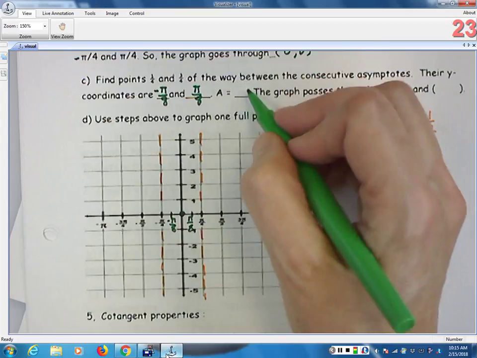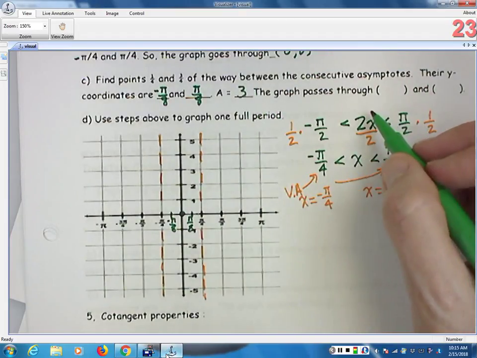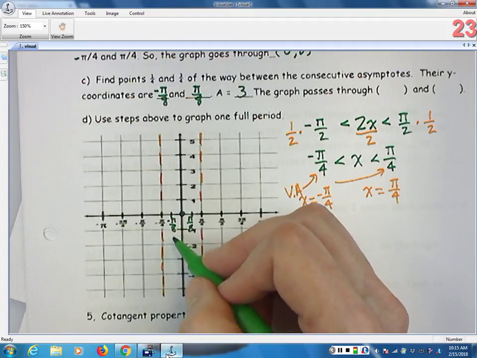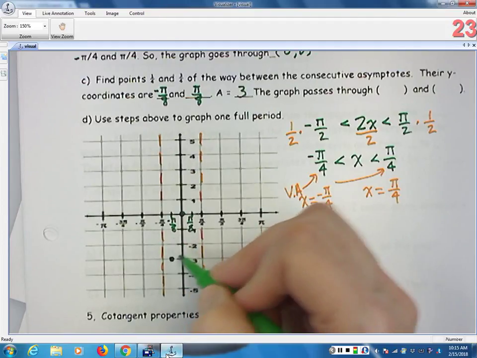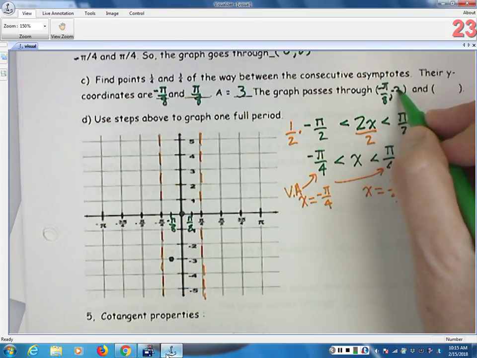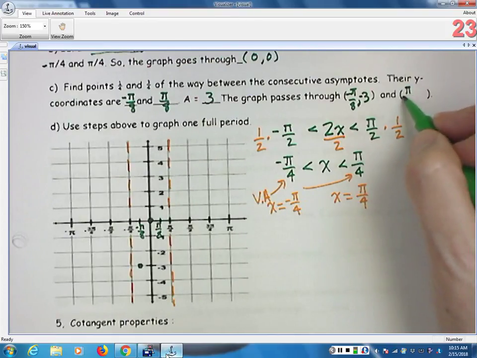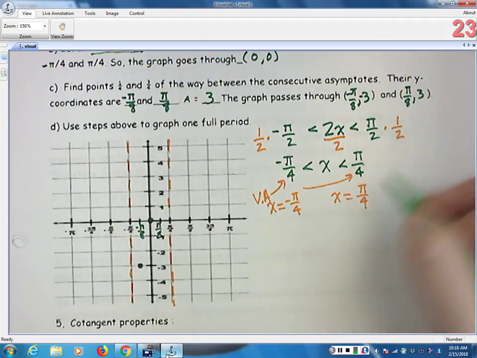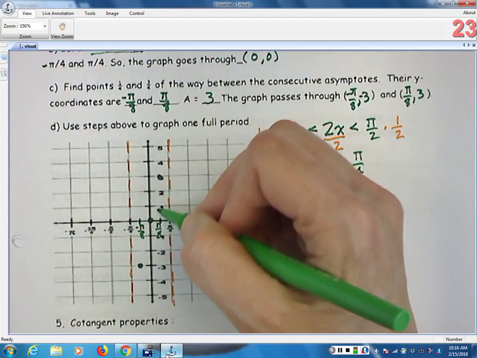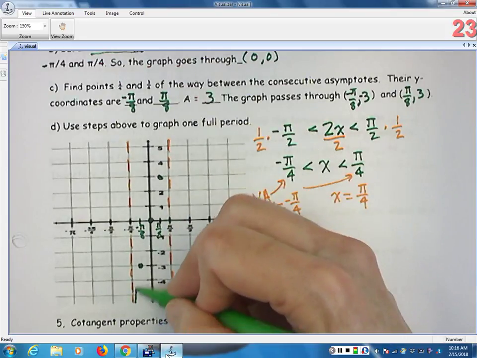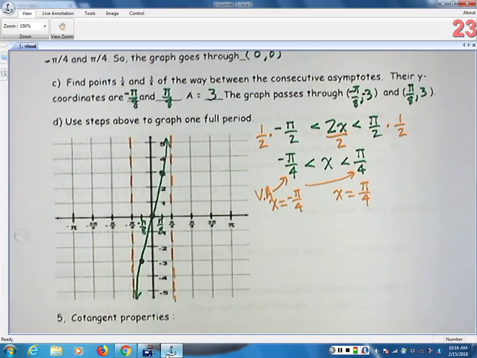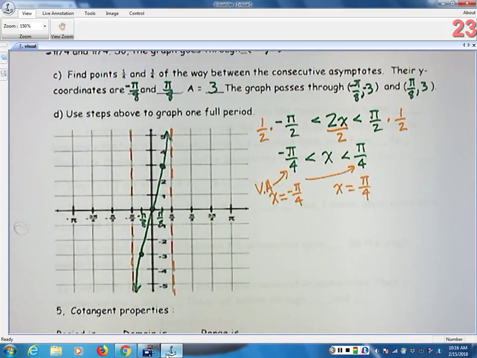A equals 3 for this problem, so the graph is going to pass through minus pi over 8, minus 3, and pi over 8, positive 3. The amplitude puts it up here at 3 instead of 1 and negative 1. Then we draw the curve. That's our function, and we drew 1 full period.